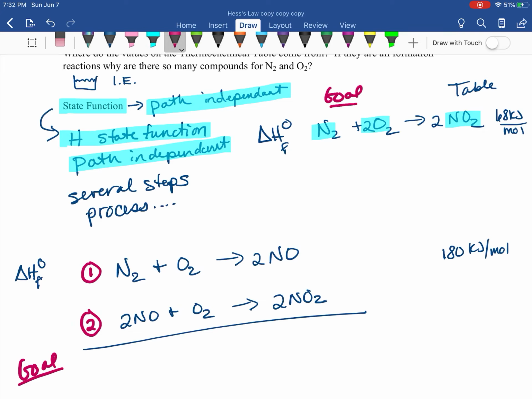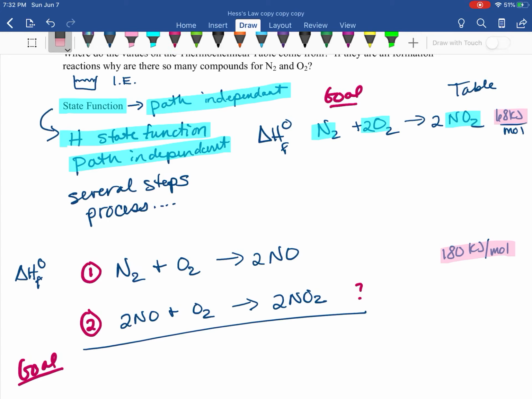Now we still have to follow some rules for that, right? So this first step, our overall goal step, is already on the table. That's a formation reaction. And then this second step here is already on the table. That's a formation reaction as well. But what if you wanted to study that final product?